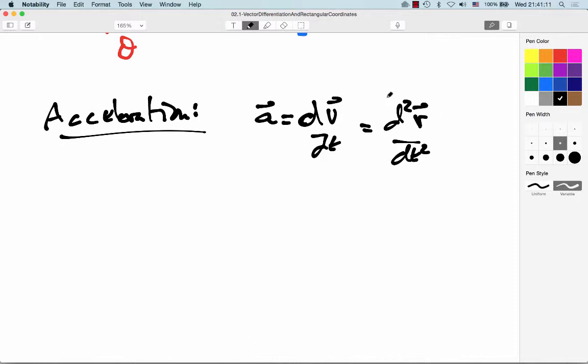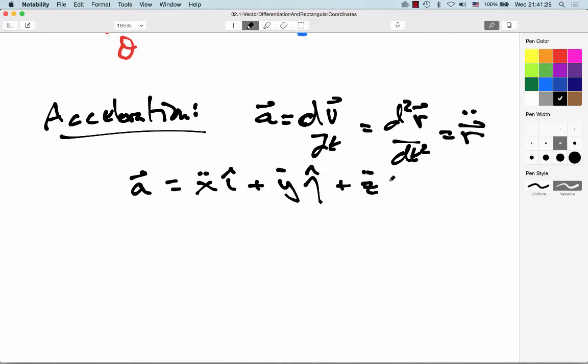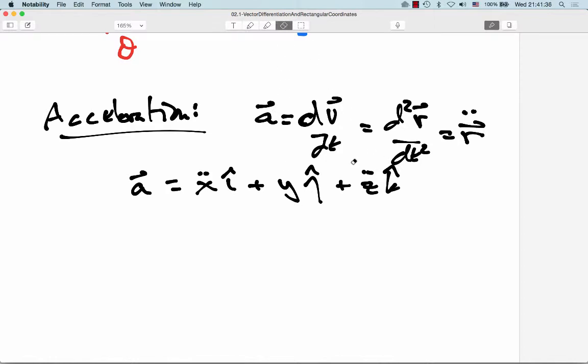Since this is a second derivative with respect to time, this often gets written as r double dot, like that. Anyway, we go ahead and differentiate our velocity with respect to time one more time, and we get that the acceleration is x double dot i hat plus y double dot j hat plus z double dot k hat. Let's make those a little prettier.